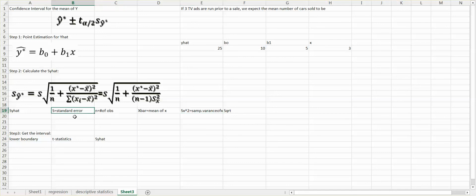So now let's first find the standard error from the regression output.